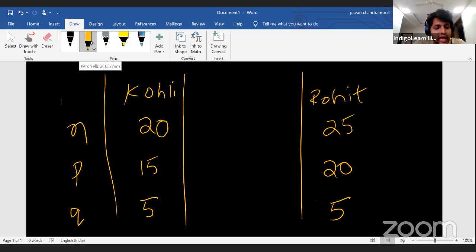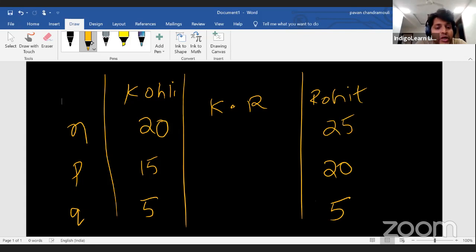That means I want Kohli to score a century and Rohit to score a century. That means it is a classic case of two events happening at the same time. That means I want Kohli to succeed and I want Rohit to also succeed. So let's assume K means Kohli succeeding, R means Rohit succeeding.